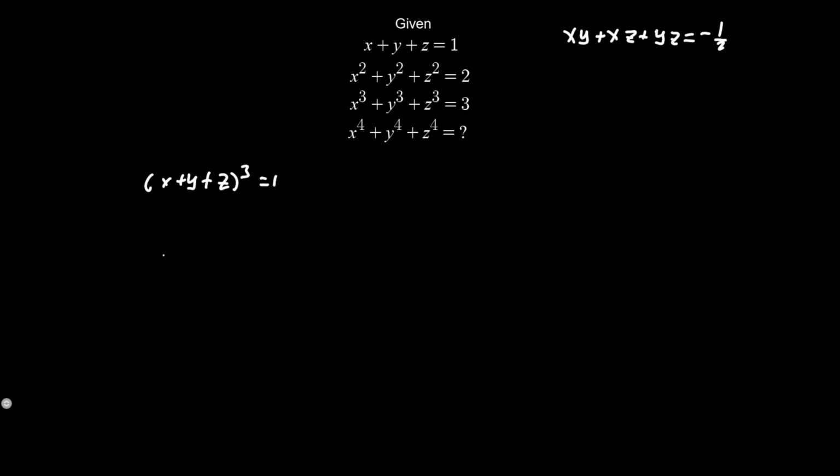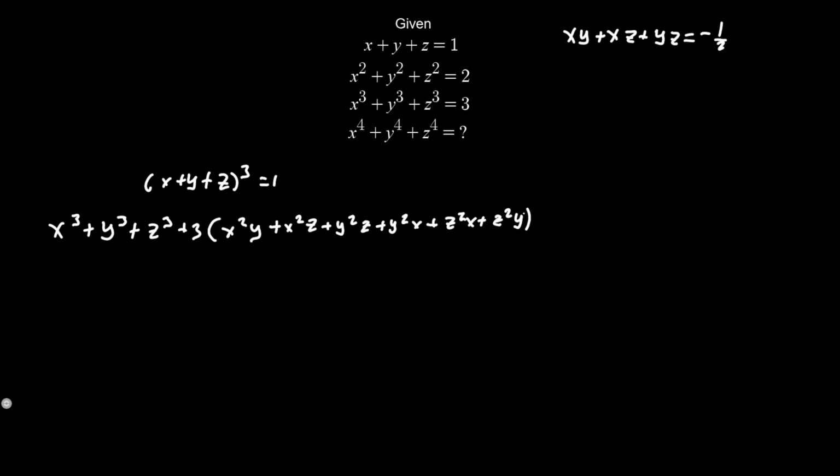Expanding the left-hand side, we'll have x^3 + y^3 + z^3, plus 3 times, factoring out a 3 from here, (x^2 y + x^2 z + y^2 z + y^2 x + z^2 x + z^2 y).